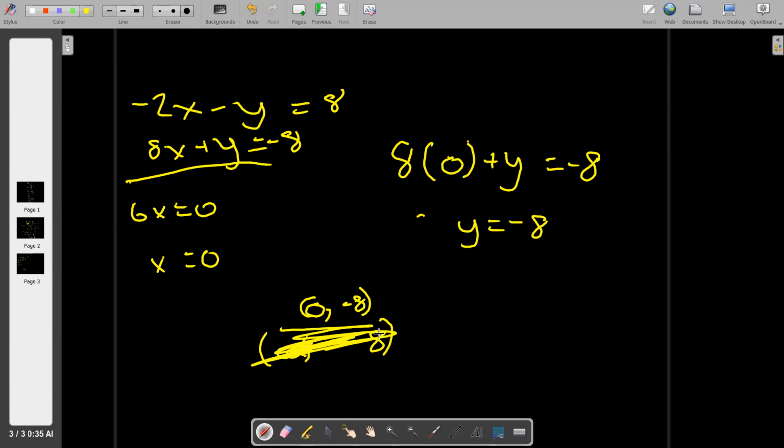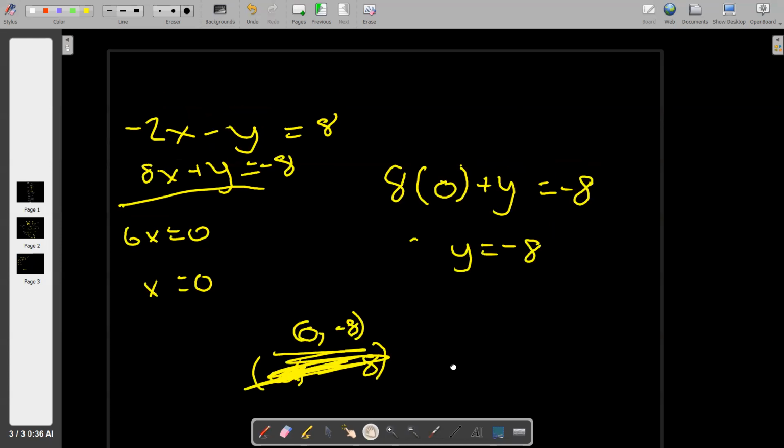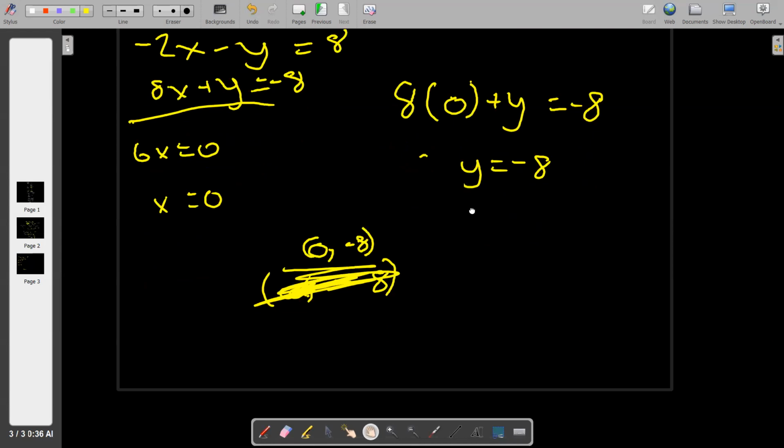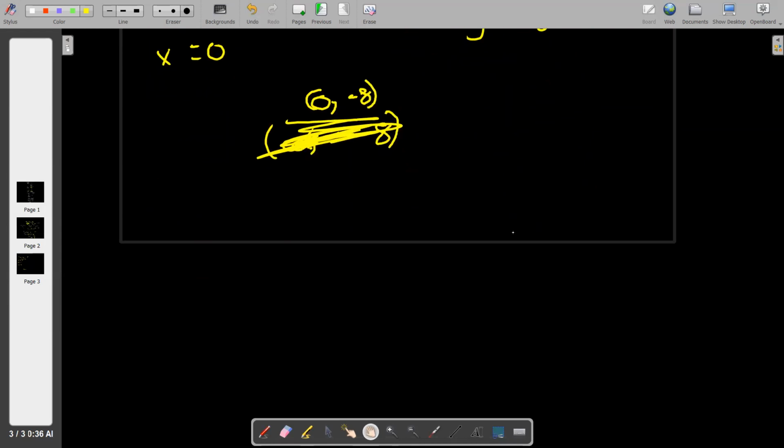Hover it over and see if it's upside down. Everything has to be at the top.